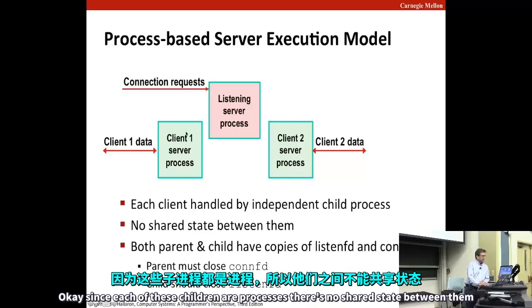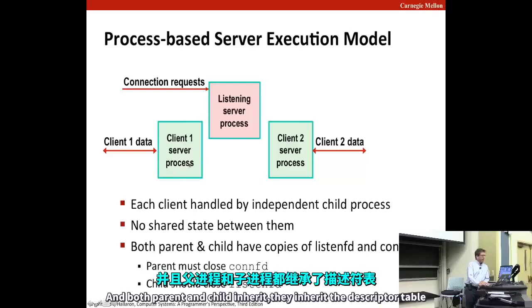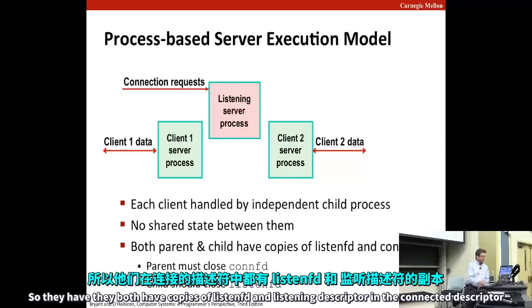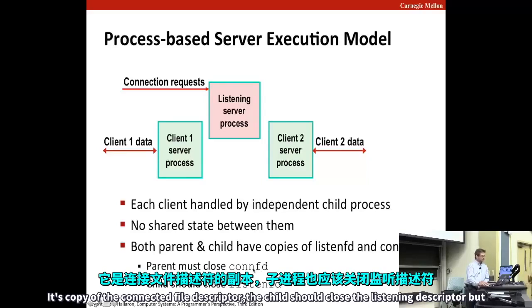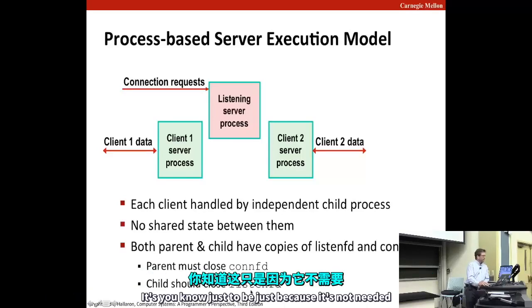Since each of these children is a process, there's no shared state between them, and both parent and child inherit the descriptor table, so they both have copies of the listening descriptor and the connected descriptor. And as we saw before, the parent must close its copy of the connected file descriptor. The child should close the listening descriptor, just because it's not needed.